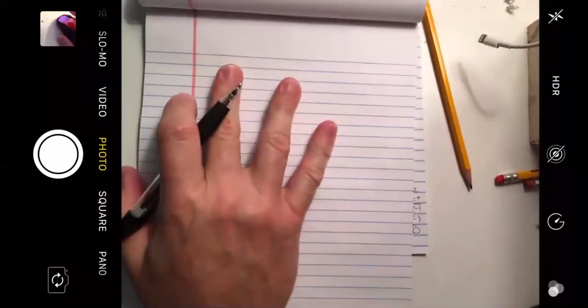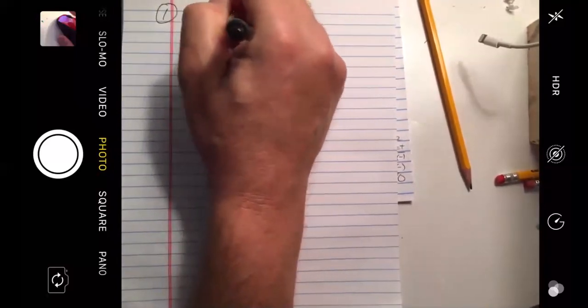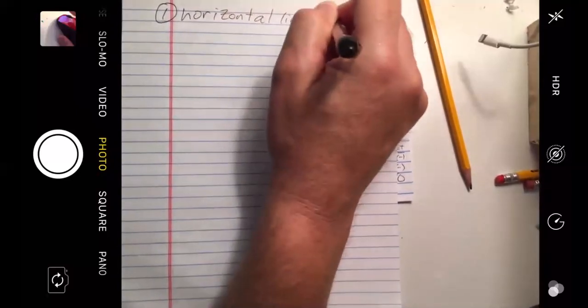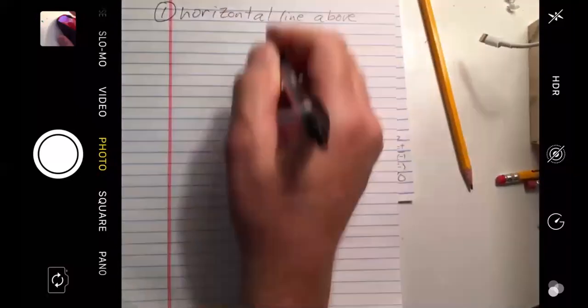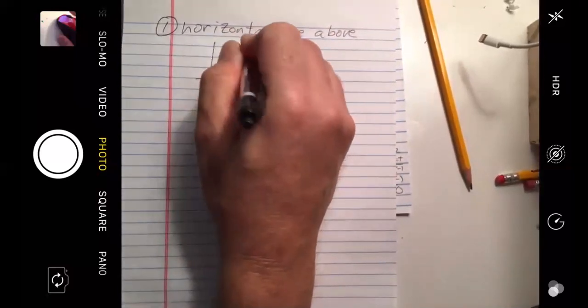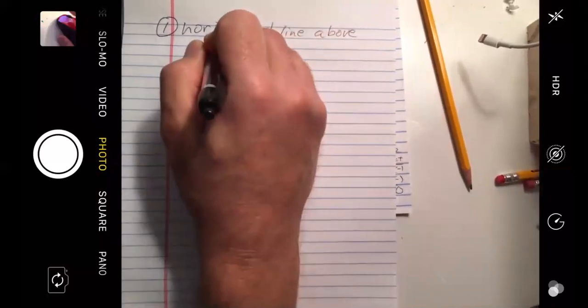Case one, I'll stick to horizontals first. Let's call case one, horizontal line above. So I'm going to take x squared and anybody want to give me a number?